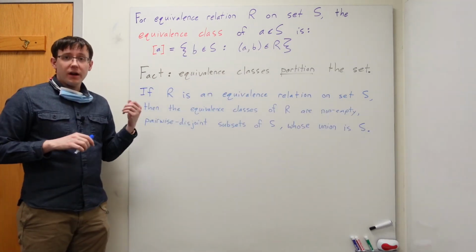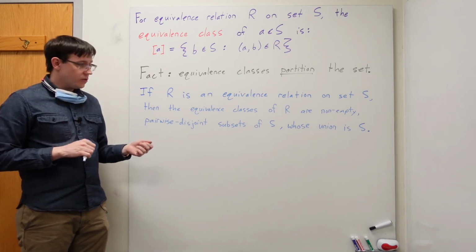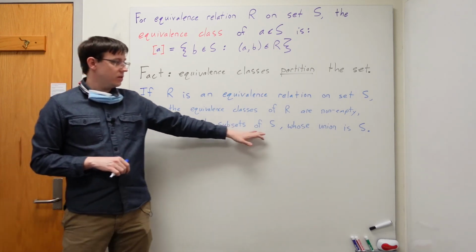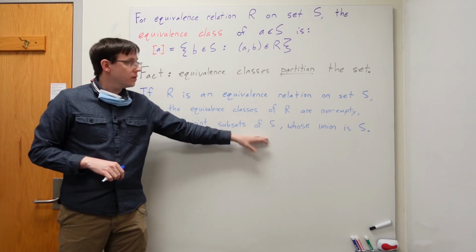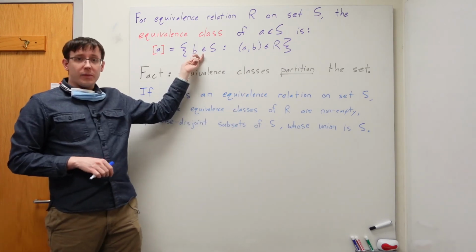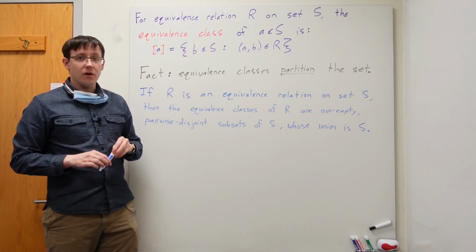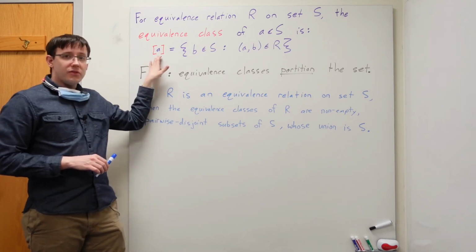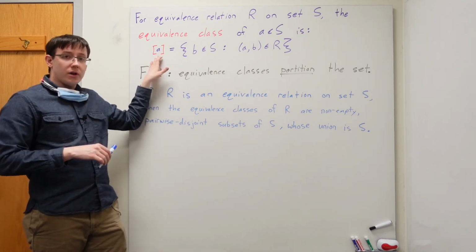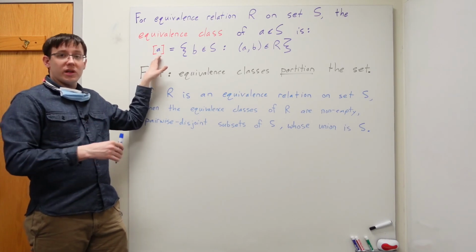When we split the set up into equivalence classes, every equivalence class is a subset of S, because we chose only elements that belonged to the set. All of the equivalence classes are also non-empty, because under an equivalence relation, an element always relates to itself.